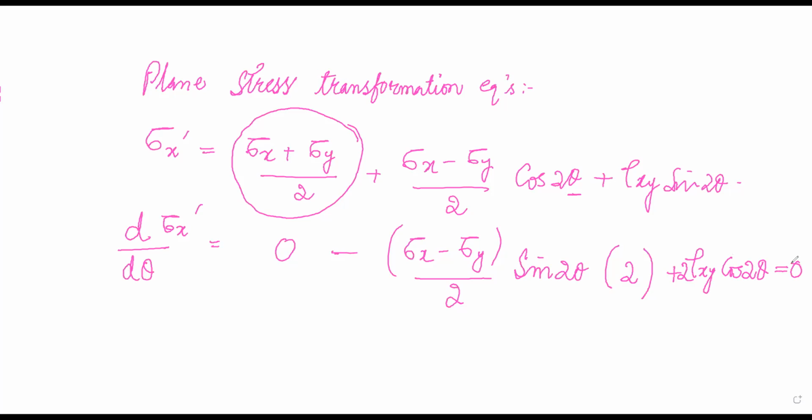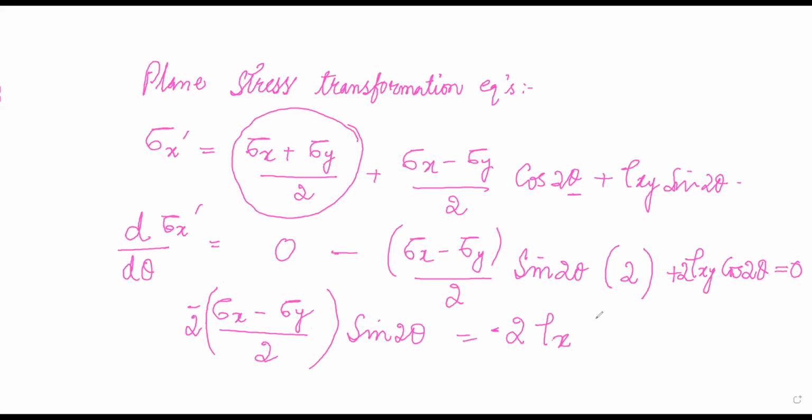Fine. So I can write minus sigma x minus sigma y divided by 2 times sin 2 theta, with the 2 here, is equal to minus 2 times tau xy cos 2 theta. This 2 and this 2 will cancel. Fine, students.